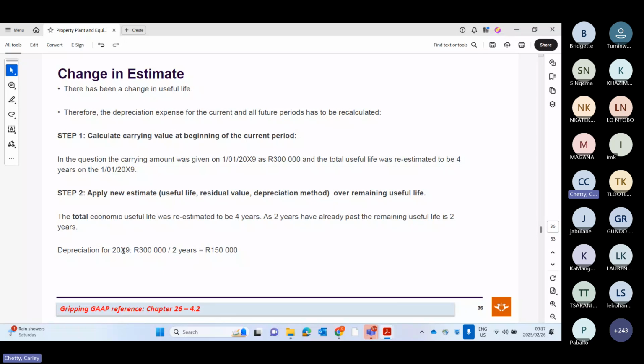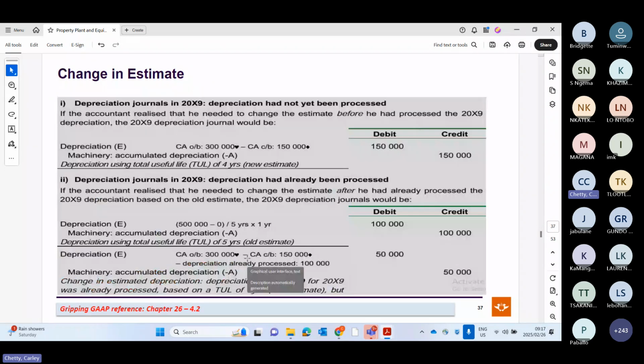Okay, this is part A. We will debit depreciation with 150,000 and we will credit machinery accumulated depreciation with 150,000. Okay, so the accountant has processed the depreciation based on the depreciation that we calculated.